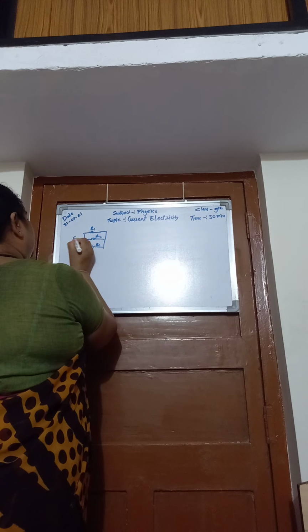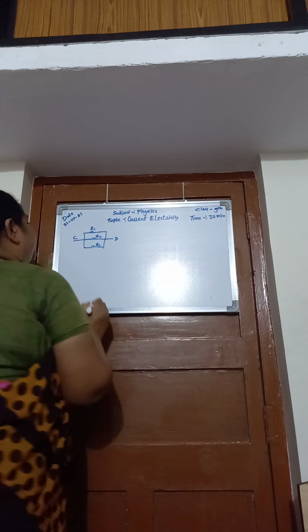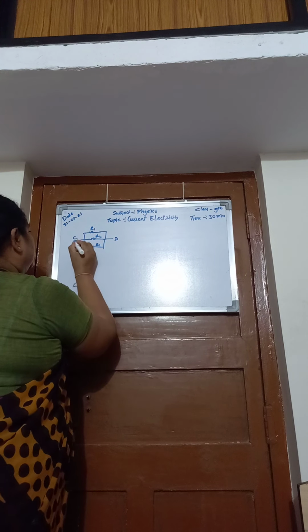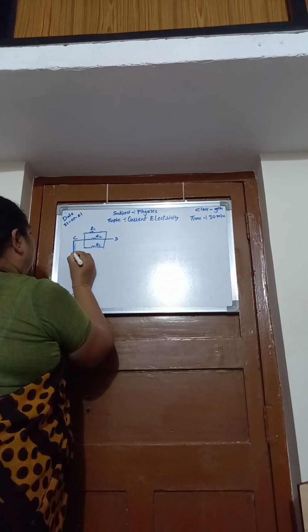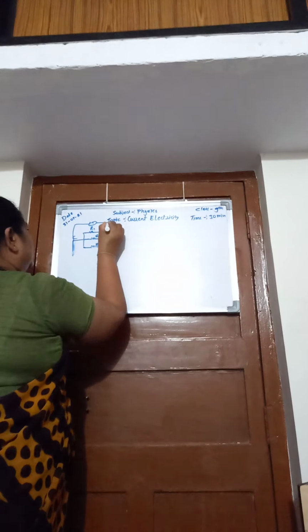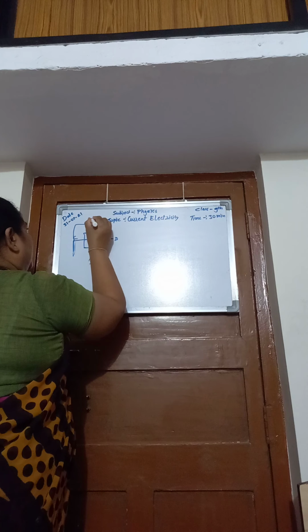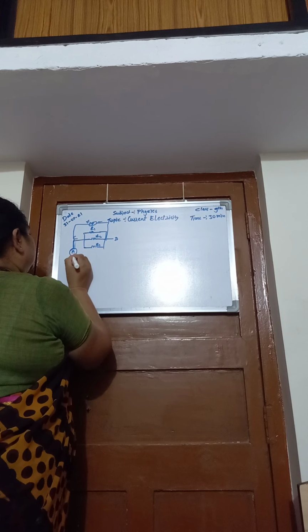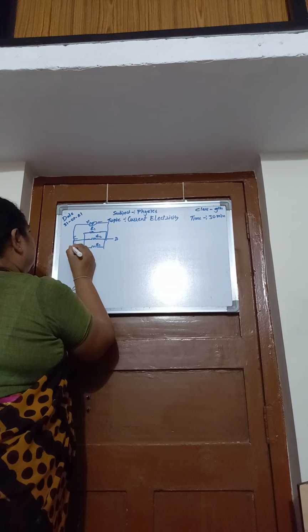Okay, this is point C and D. Take current through it. This is voltmeter, plus minus. This is ammeter, plus minus.